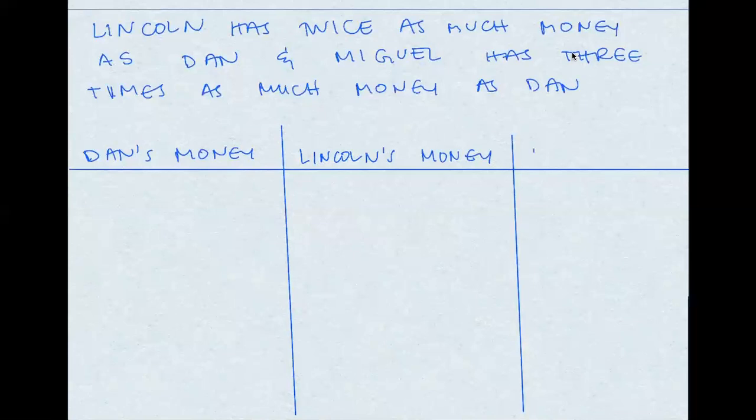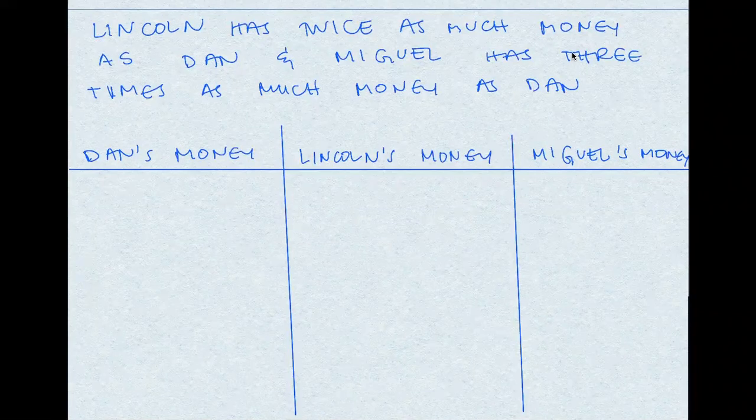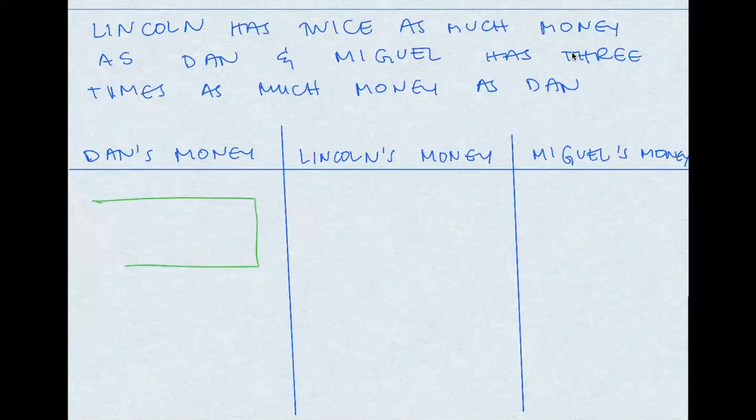And we have Miguel's money. Well, let's say that if we're just looking at the blurb of what's on the bank statement, we have Dan's money, this rectangle here, right inside of it.